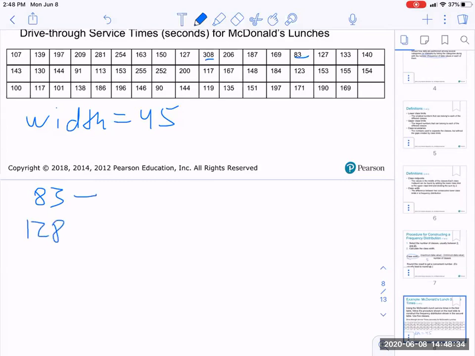So my first class will be 83 to 127. So I'm just going to keep adding 45 to my lower class boundaries. Then I'll find my upper class boundaries. This becomes 173, so this goes to 172. This becomes 218. Notice how I'm just getting these to be one less.